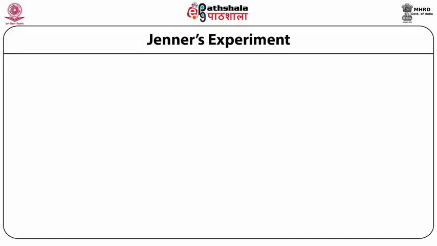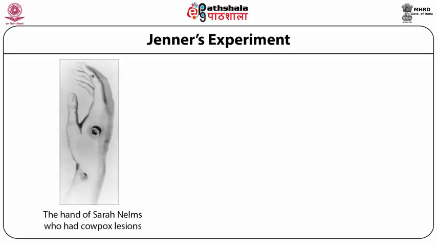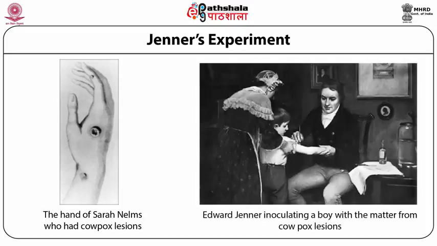What actually happened was that in May 1796, Edward Jenner found a young dairymaid, Sarah Nelmes, who had fresh cowpox lesions on her hand and arms. On May 14, 1796, using matter from Nelmes's lesions, he inoculated an 8-year-old boy, James Phipps.